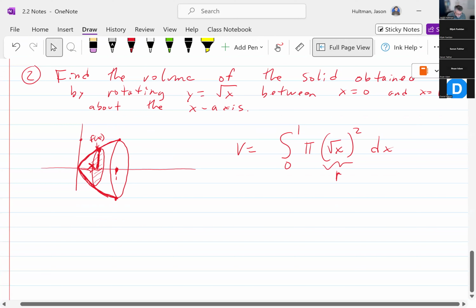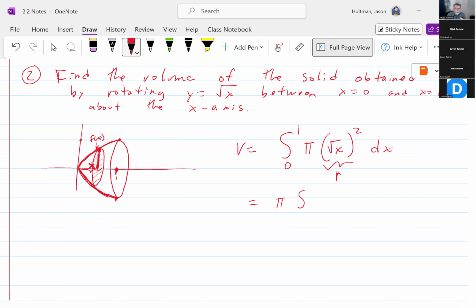Okay, so the volume is equal to, I'm going to pull the pi outside, because if you multiply each term of a sum by the same thing, you can just multiply the whole thing. It's just the distributive property in reverse. We just factor out the pi. And this becomes the square root of x squared.